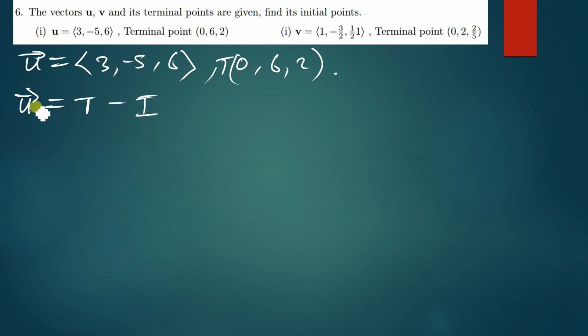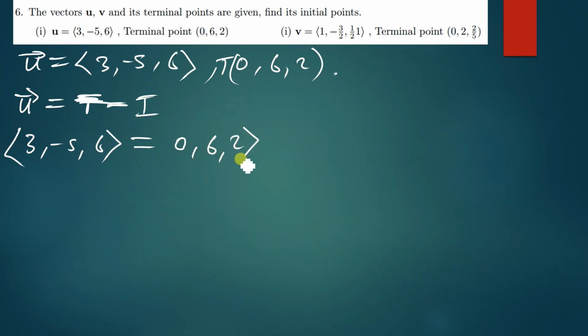The terminal has been given and the vector has also been given. We are finding the initial according to the equation. So the vector has been given to be (3, -5, 6), and the terminal here has been given to be (0, 6, 2). And the initial has not yet been given.